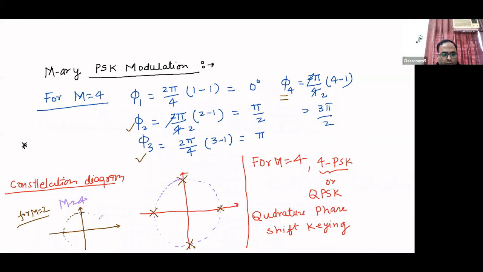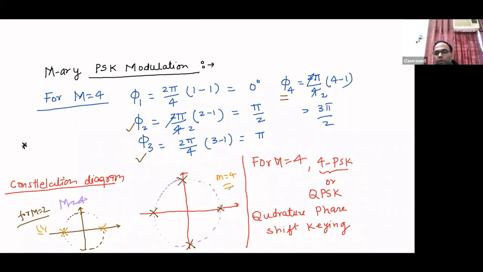For example, these are the available phases, but your one signal will be at phi is equal to 0, and your second signal will be at phi is equal to pi. So this is the constellation diagram for binary phase shift keying, and this is the constellation diagram for M is equal to 4 or QPSK.